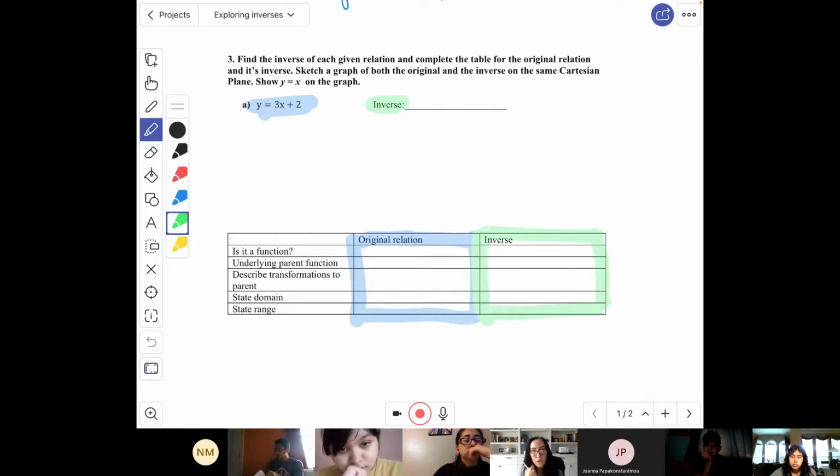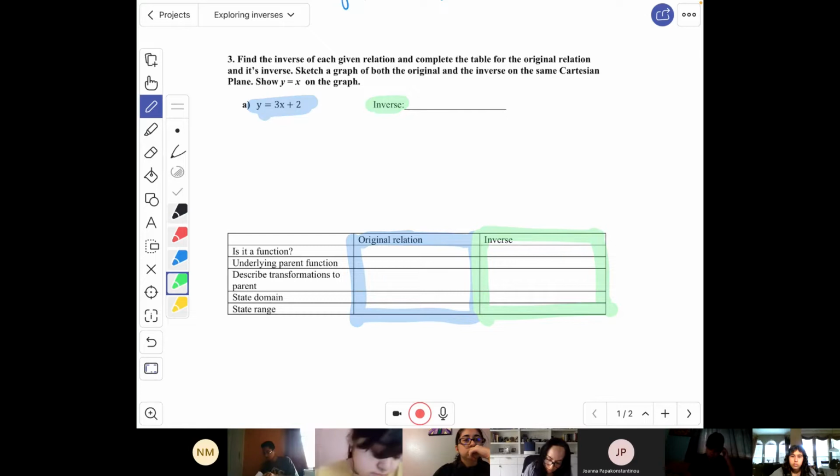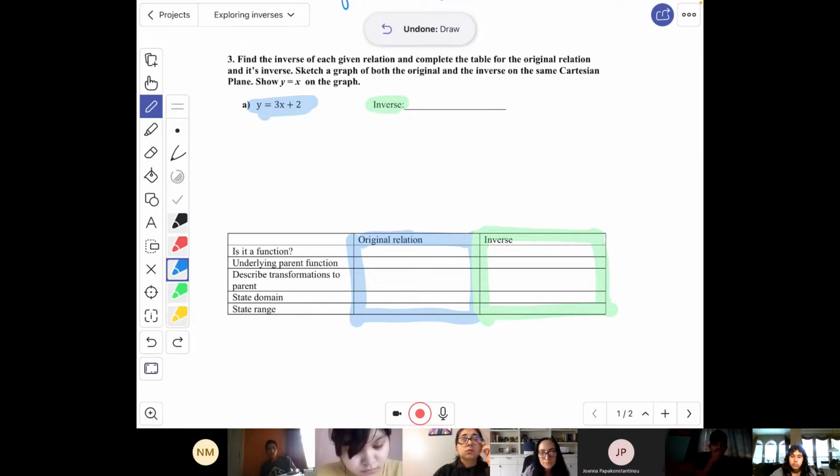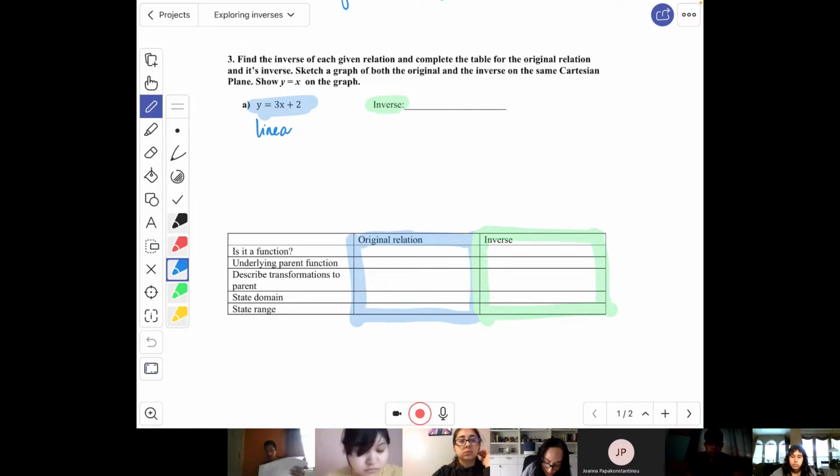Okay? So the original equation is what type of equation? How would you describe that? What does the graph of that look like? Linear. It is linear. It is a line. And is it a function?